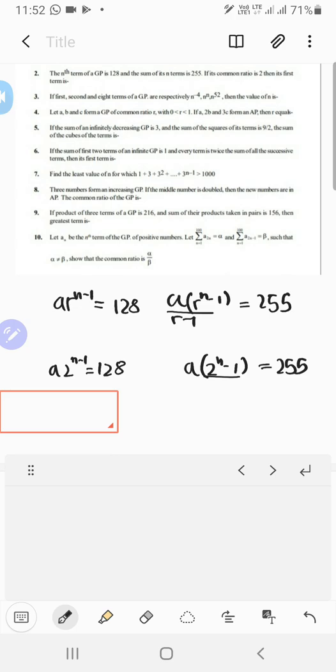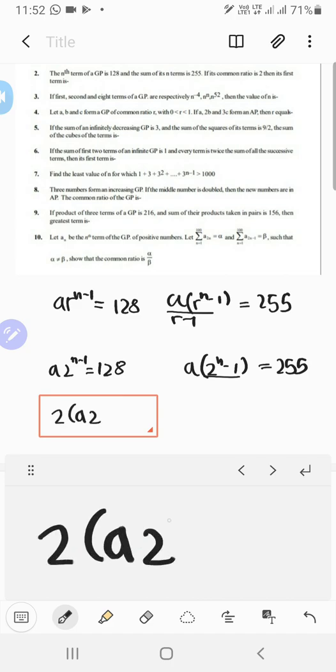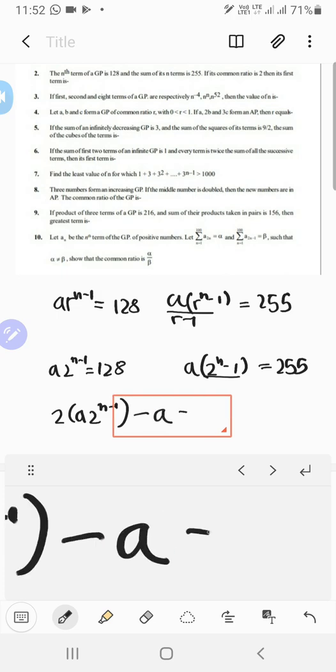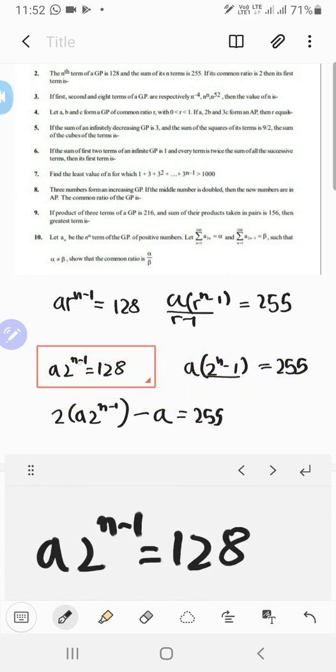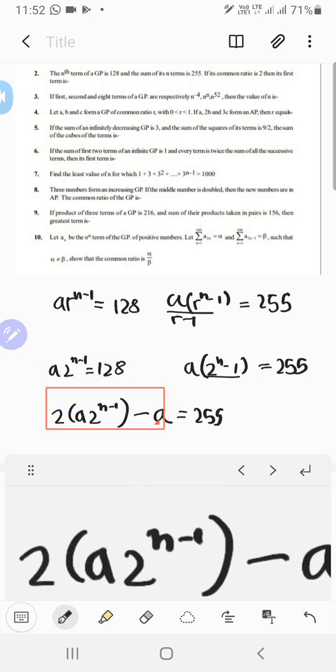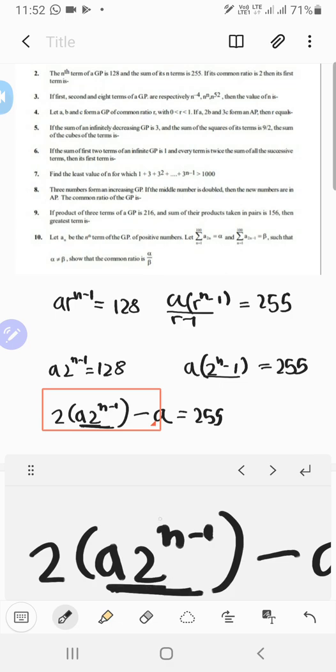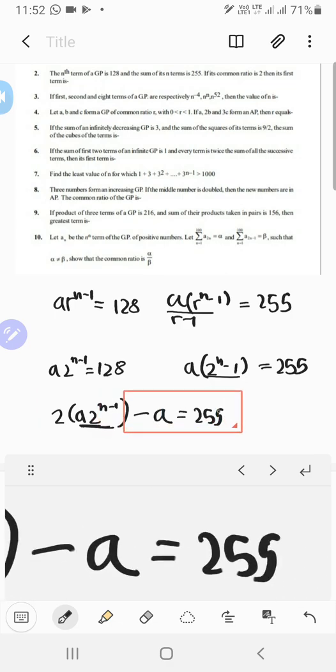So that's nice. Wait, you know what, it's really nice. So you see this equation, I'm going to simplify it further. I will write it as 2 times a into 2 to the n minus 1, minus a, is equal to 255. And now you can guess why I wrote it like that, because a into 2 to the n minus 1 is 128, so you can just plug that value in this, and that will basically give us the value of a directly.